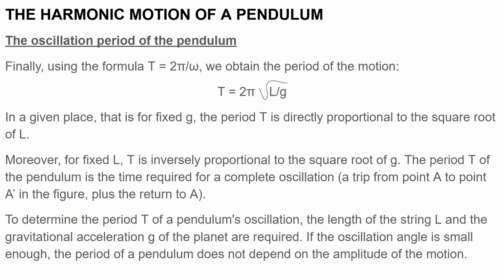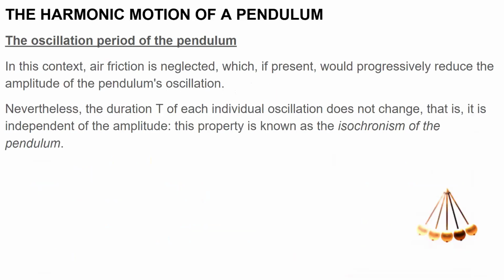To determine the period T of a pendulum's oscillation, the length of the string and the gravitational acceleration g of the planet are required. In this context, air friction is neglected, which, if present, would progressively reduce the amplitude of the pendulum's oscillation.